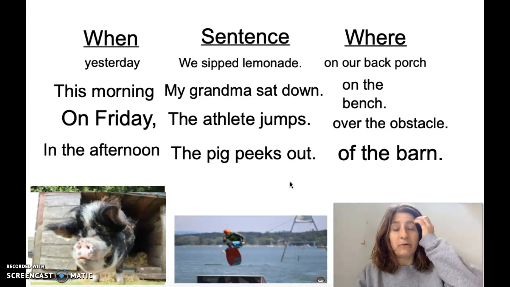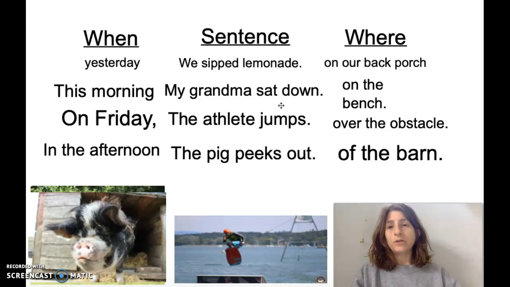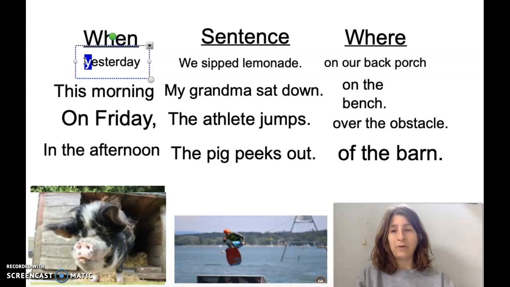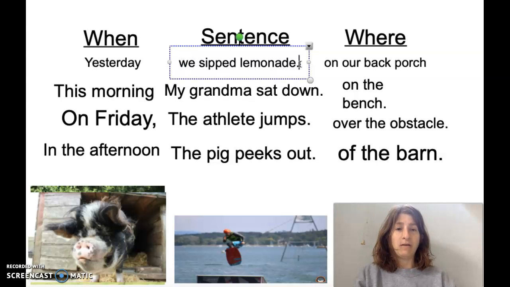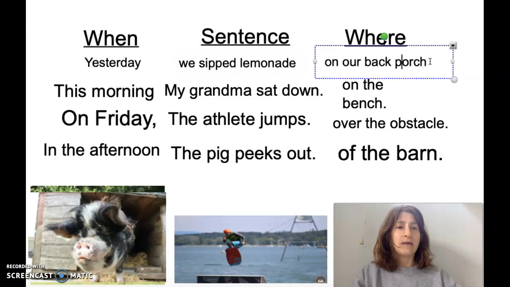Now, here's one final note. The way that I have it on the screen right now, if you put all the parts together, I have some errors. So you would need to go back and check for a capital to start your sentence, a lowercase letter in the middle, and a period at the end.